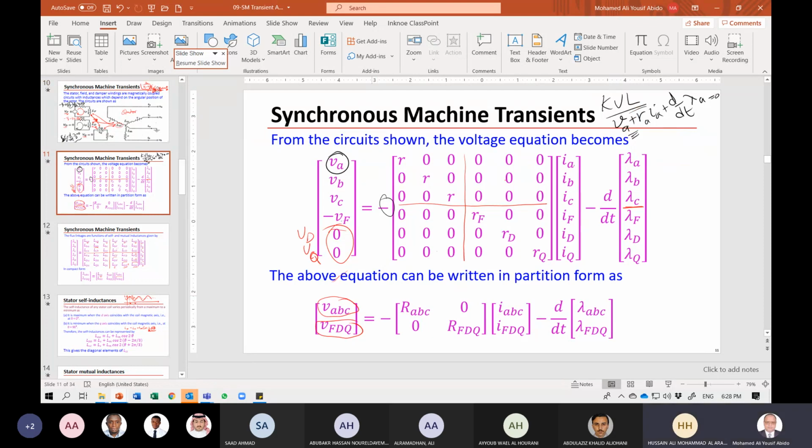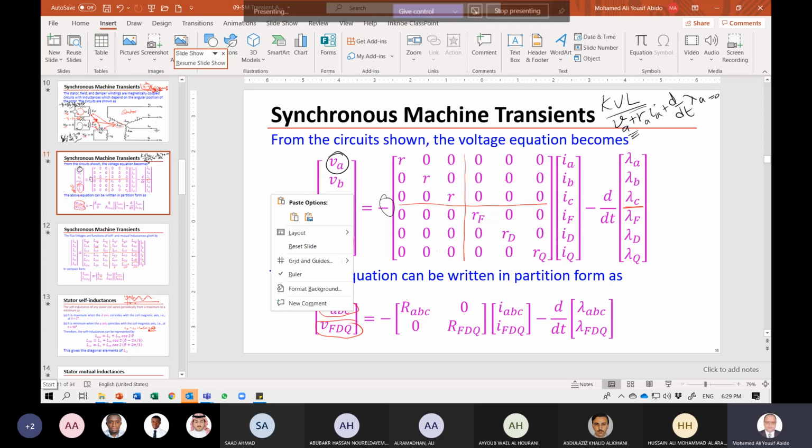Yes, sir. So this is the equation. Thank you. I'd like to close this one. Give control presenting what is.